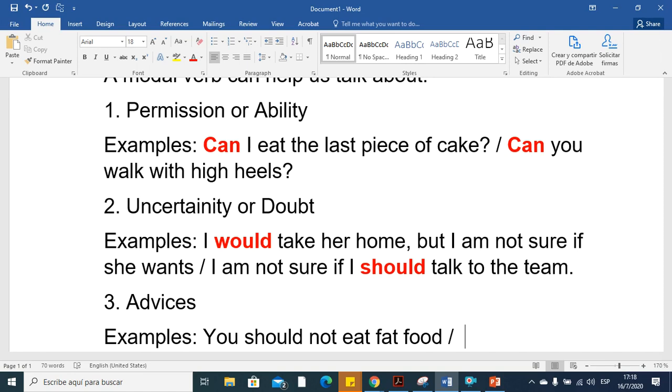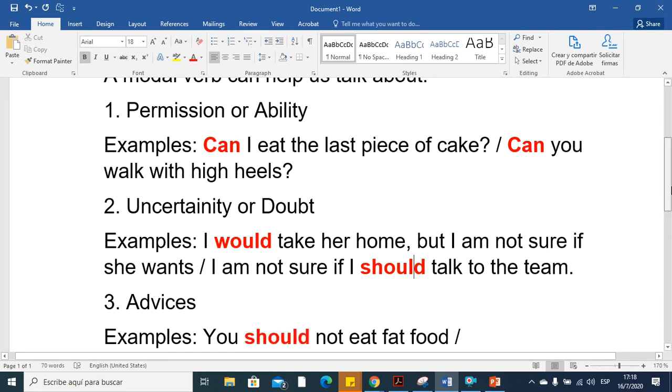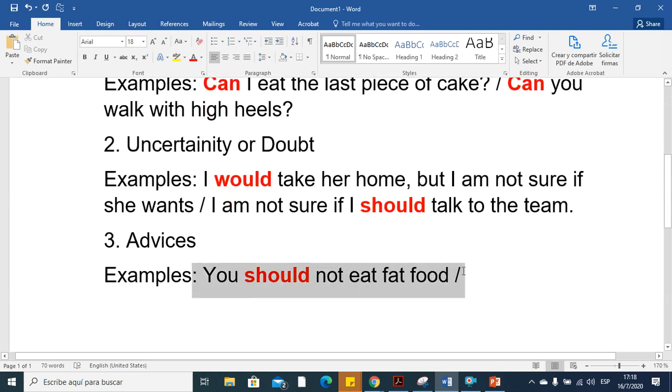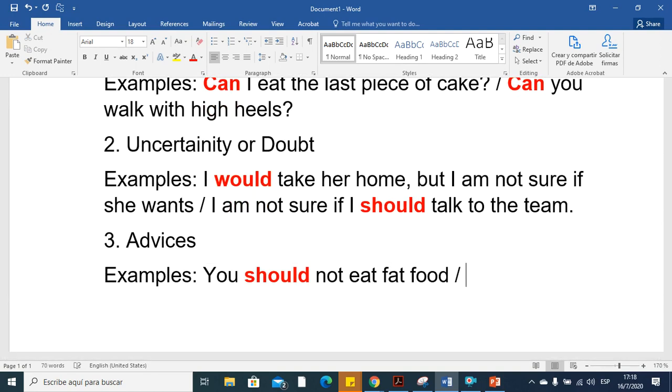Okay, all right. So the modal right here would be, as we have been looking at in the other examples, should. So you should not eat fast food. Another example of advice would be, she should not do that.